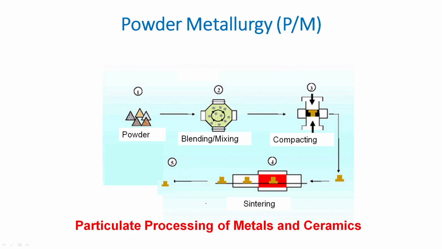So, now we can also use a technique called powder processing or particulate processing of metals and ceramics. Deformation processing is widely used for metals or alloys, but this one can be used for both metals and ceramics. What is done here? You take a powder of any material. I give an example of tungsten, right? Blend it or mix it. Basically, blending or mixing means making it proper, and after that you put it in a die and compact it.